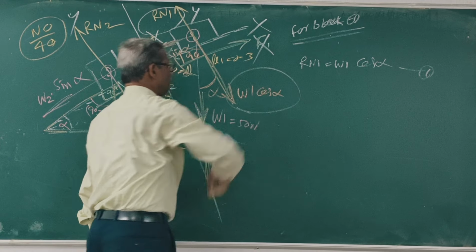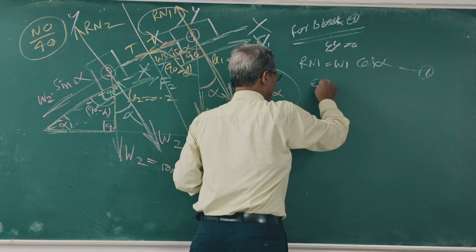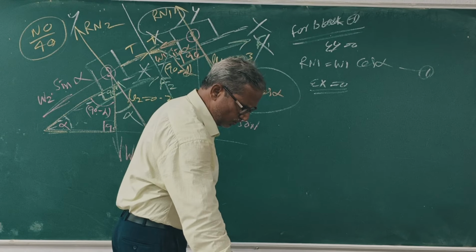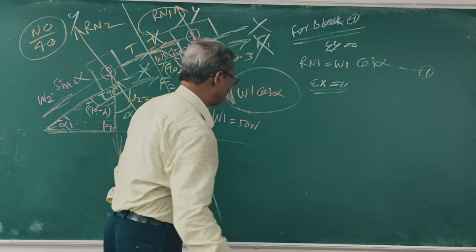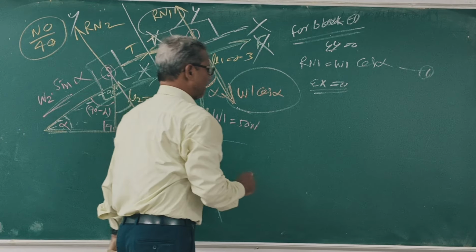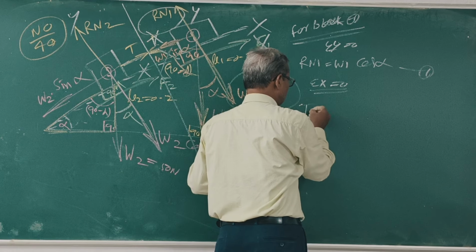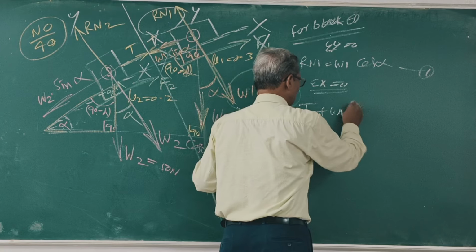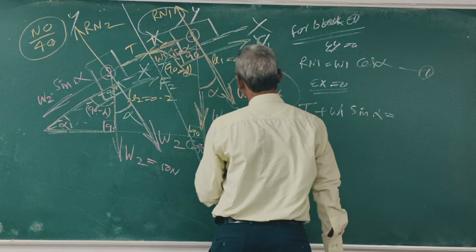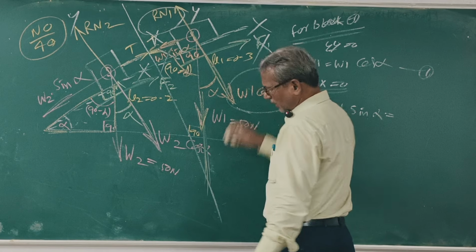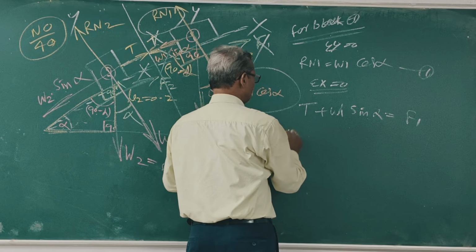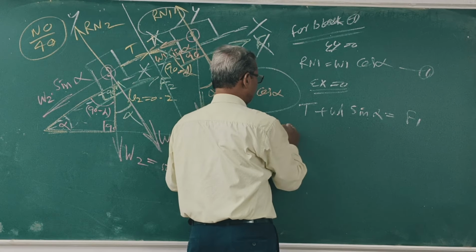Now sigma x is 0. So along the x-axis, what forces are acting? T plus W1 sin alpha. So T plus W1 sin alpha is equal to F1. So T is equal to F1 minus W1 sin alpha.